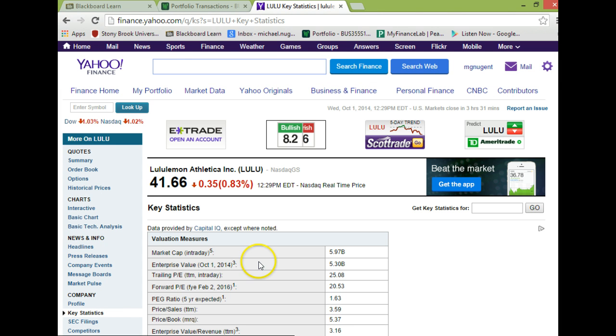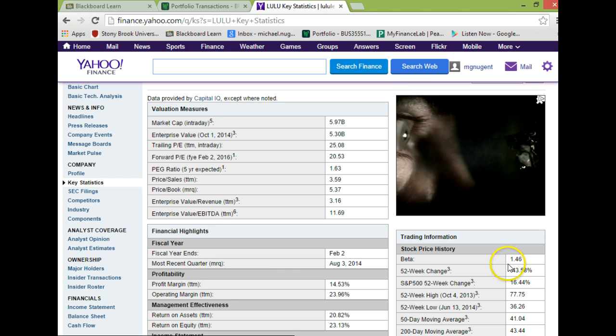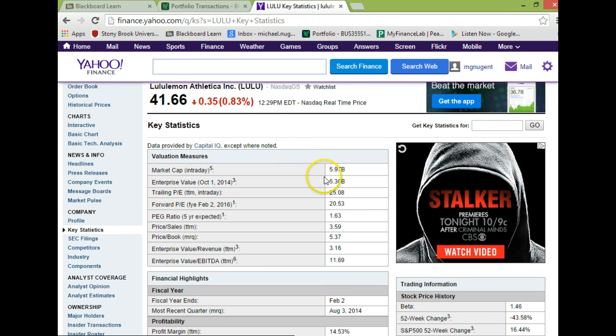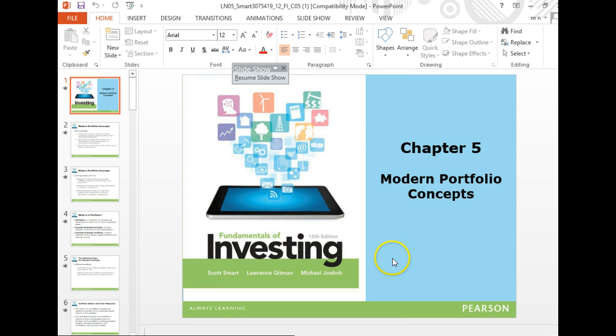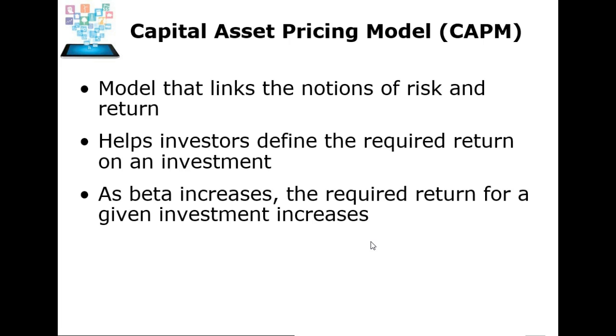So go into key statistics. And this has a beta of 1.46. So definitely a higher beta than 1. So that's definitely in the key statistics.